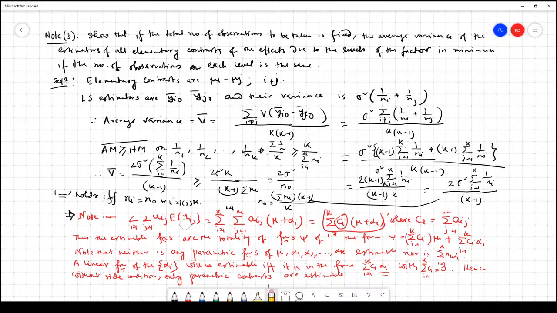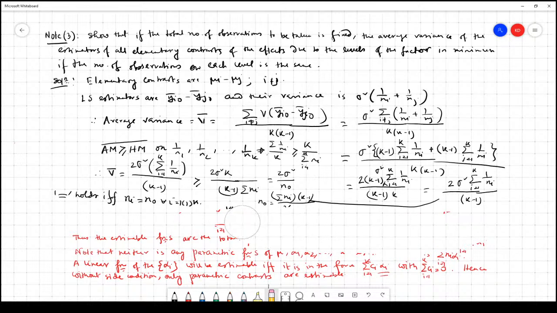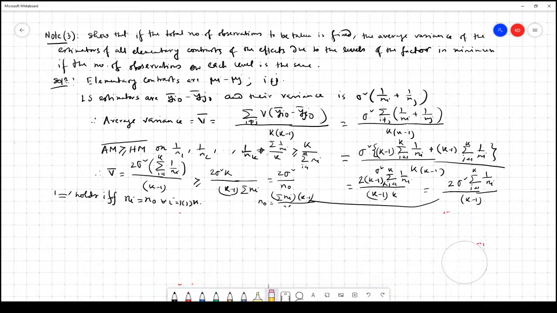Hence, we can conclude that the V-bar, the average variance, is minimum if and only if ni equal to n naught for all i from 1 to k, and the minimum value is 2 sigma square by n naught.